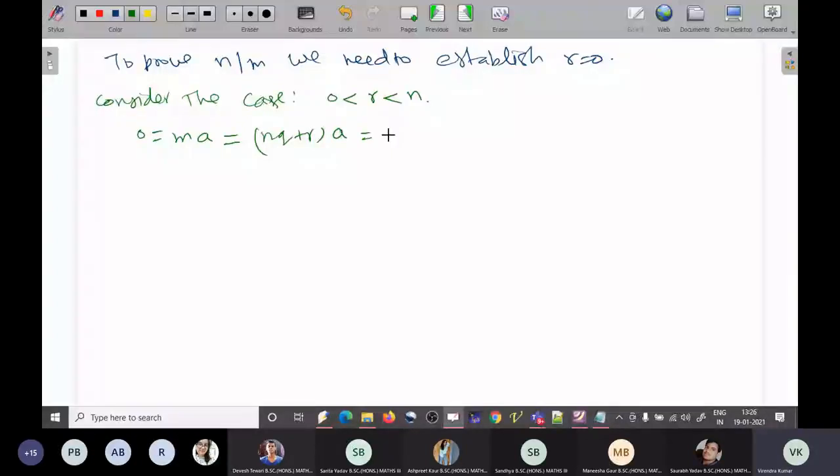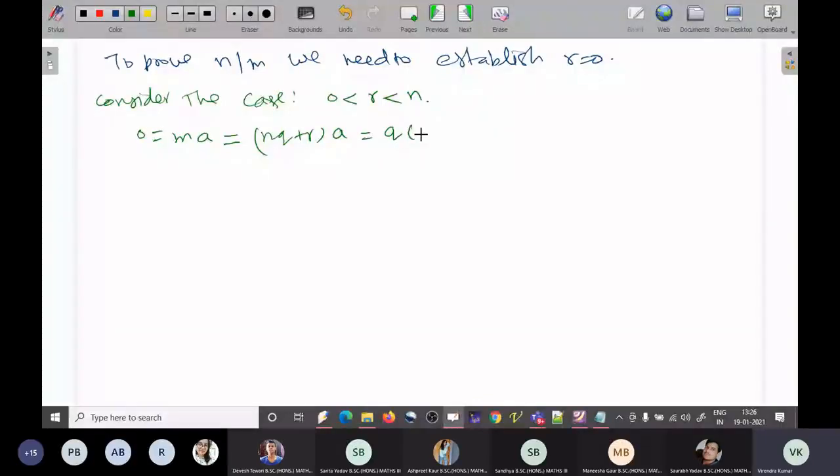So this equals q times 0 plus r times a, that is r a, because the first term is nothing but 0. So this implies that 0 equals r times a. And what is r? r is between 0 and n. Because n was the least, this is a contradiction.